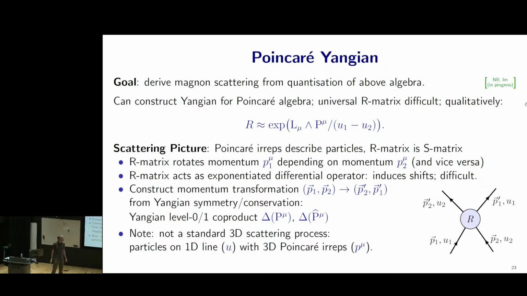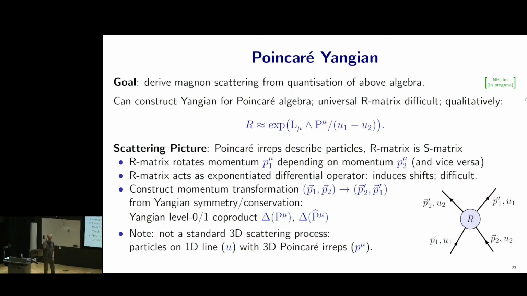Now for our purposes, we want a scattering picture, so we want to apply this to the scattering of two magnons. Magnons have momenta and masses and whatnot. So we just take a representation of this R matrix for particles, and then the R matrix you could view as an S matrix. Now, if you just stare at what this R matrix does, the first factor here is an L, a rotation.